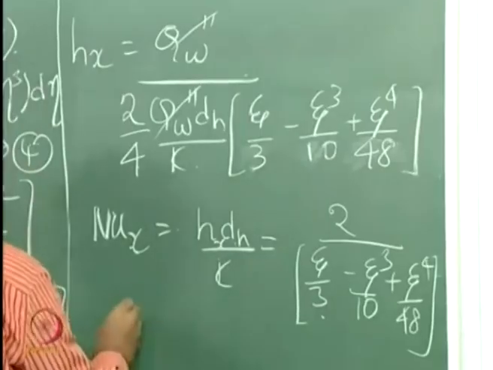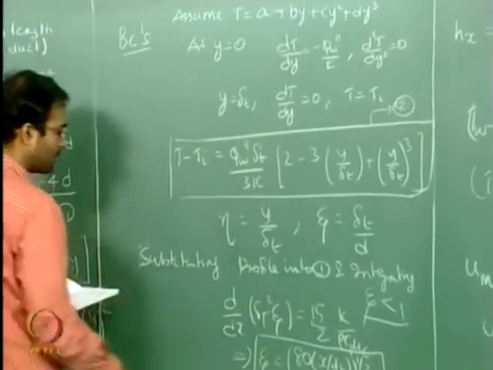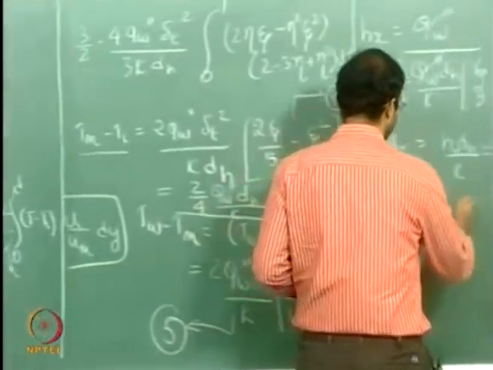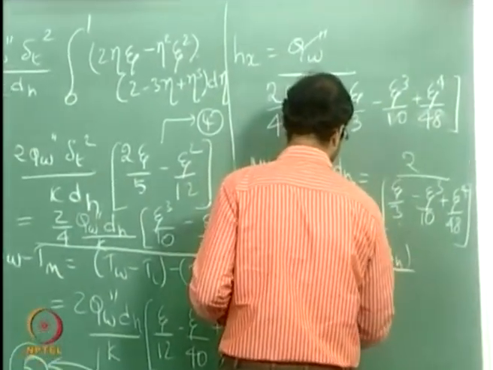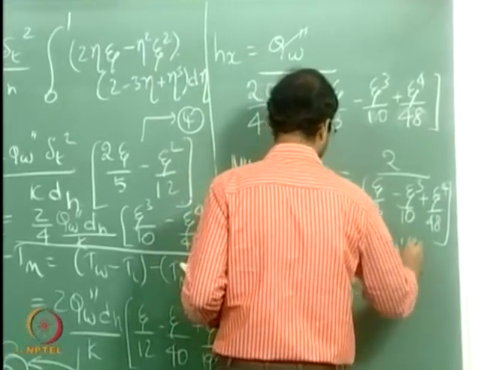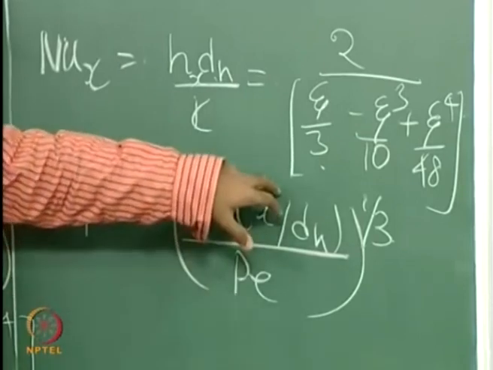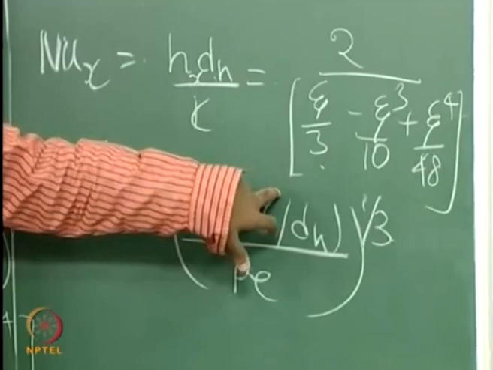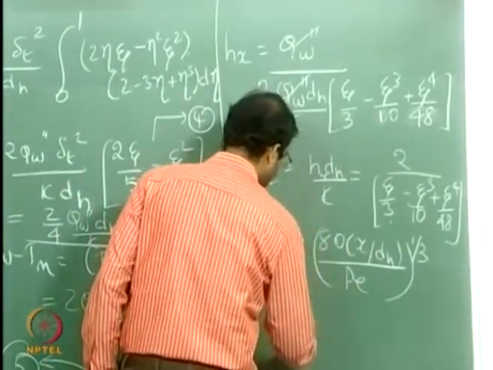Where your zeta is nothing but, we have already derived the expression for zeta by solving the energy integral, that is 80 times x by dh divided by Peclet number whole power 1/3. So this non-dimensional ratio here, Peclet number by x by d, is nothing but the Graetz number.